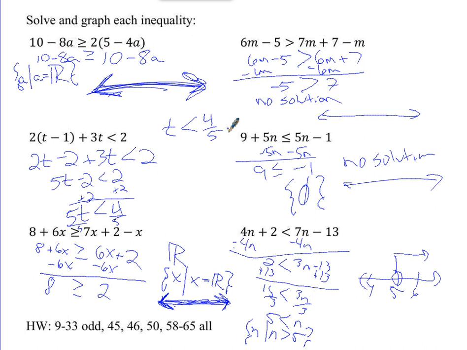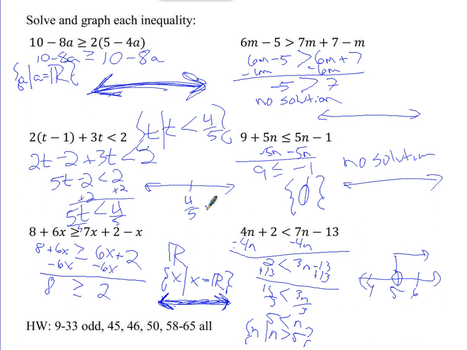That's ready for set builder notation. And then we just have to graph it. Here's my number line. 4/5 goes right in the middle. What will go on the left? You could do 3/5. Or if I wanted an integer, the first integer to the left of 4/5 would be 0.